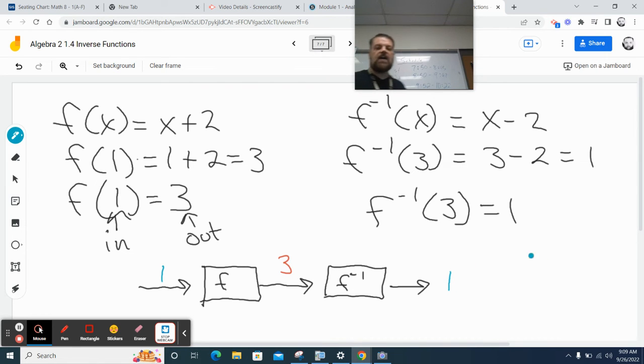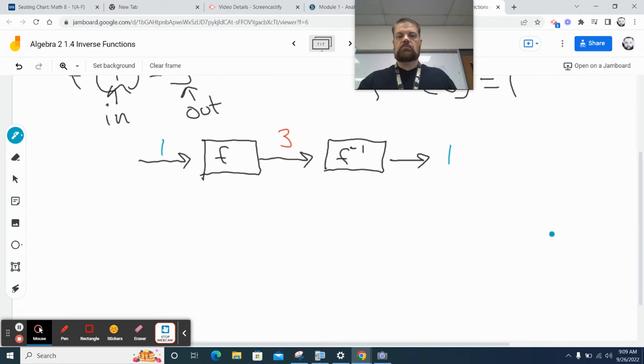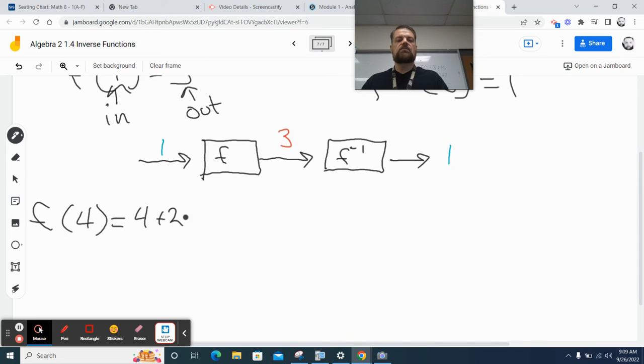So let's try one more value. What do you want to do? Pick a number. 4. So f of 4 is equal to 4 plus 2, which is equal to 8. In other words, f of 4 is equal to 8. This is the input, and this is the output for f.